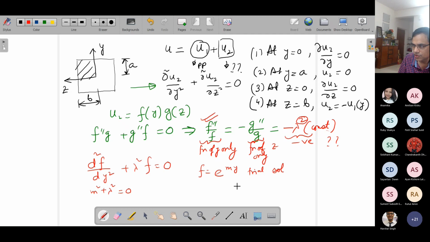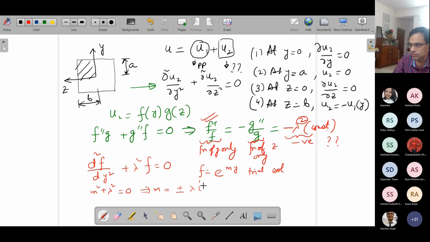So this will give you a solution which is a function of cos and sine. If you check this one, m is equal to plus minus lambda i. Now this i is square root of -1.